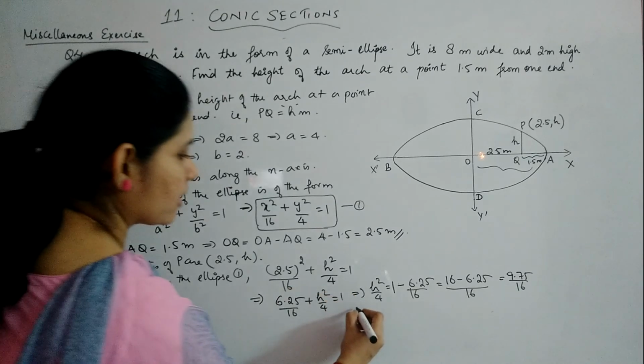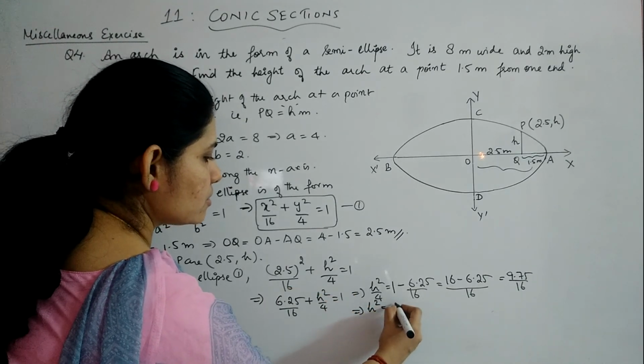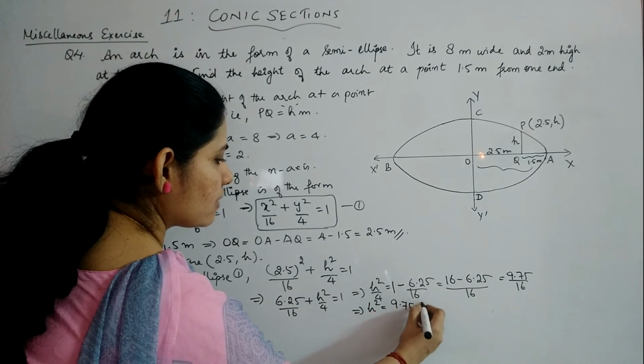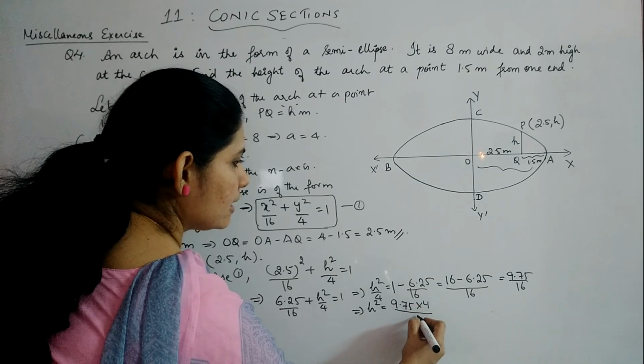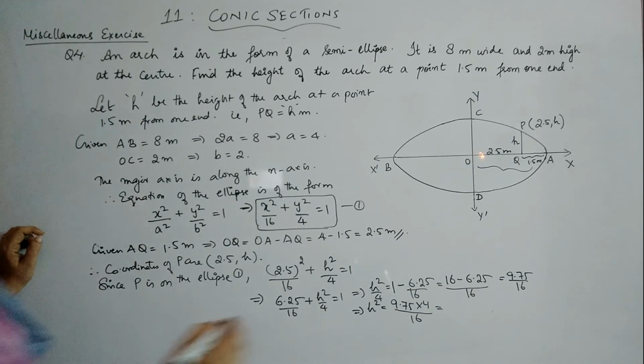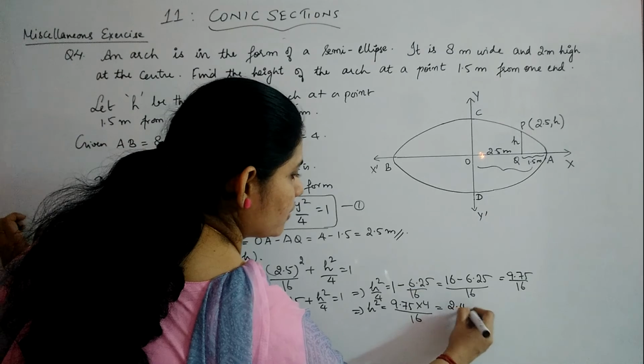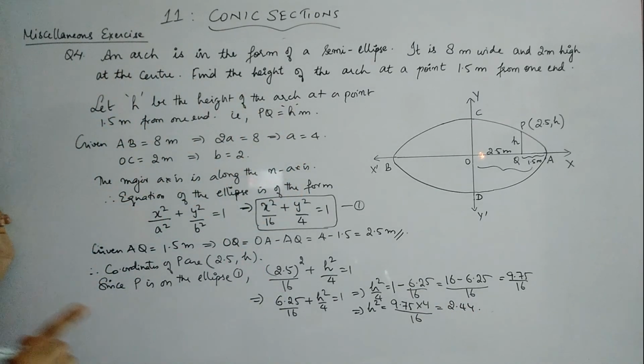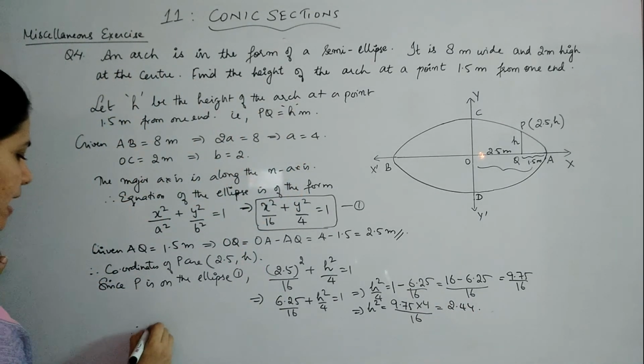So what is h square? H square is equal to 9.75 into 4 divided by 16. And this will give you, after calculation, 2.44. Okay, that is h square. Therefore, what will be h?